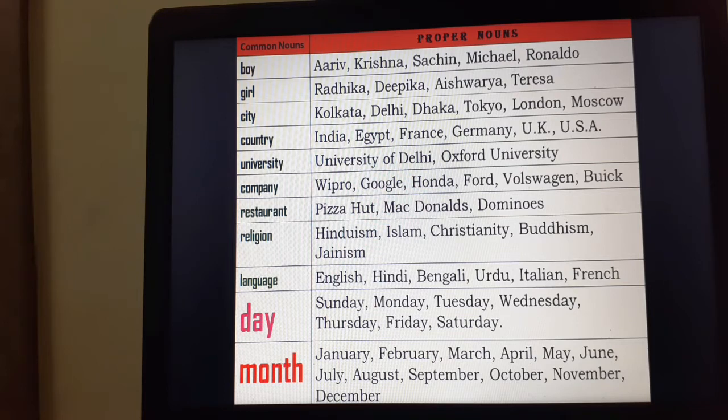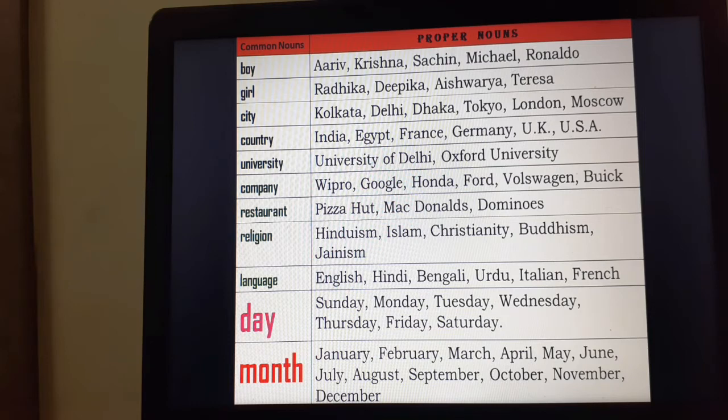In this chart, on the right hand side are the proper nouns, whereas on the left are common nouns. As you can see, the very first one is boy. Boy is a common noun. It can mean any boy, but on the right hand side you can see some names: Arif, Krishna, Sachin, Michael, Ronaldo.